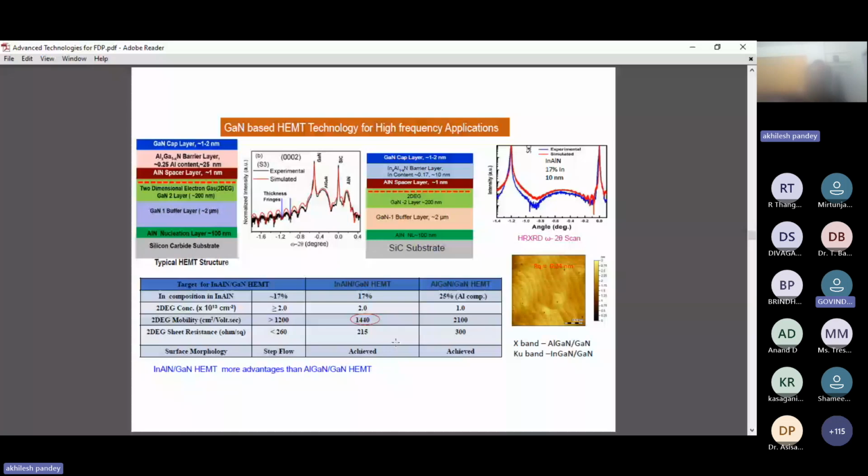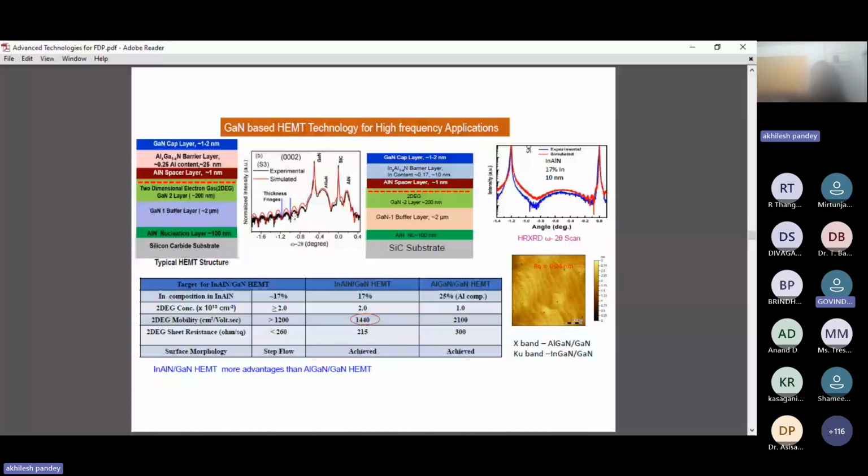There is also a special aluminum nitride spacer layer between the barrier and gallium nitride, to increase the mobility. And this is the X-ray rocking curve measurement, a simulation result of the gallium nitride based HEMT devices. Using this simulation, one can identify the composition of aluminum gallium nitride, its thickness, and strain; all the parameters have been extracted.